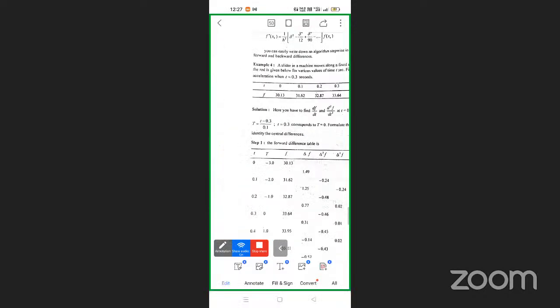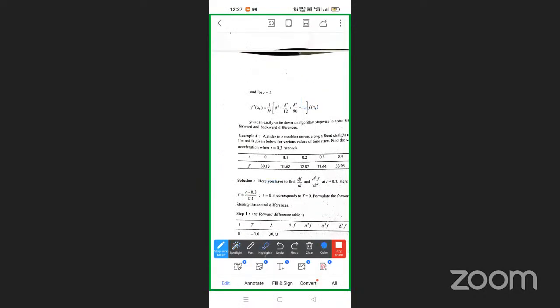So next, acceleration. Acceleration formula, second order derivative: f double dash of xk is equal to 1 by h square into delta square minus delta power 4 by 12 plus delta power 6 by 90 into f of xk.